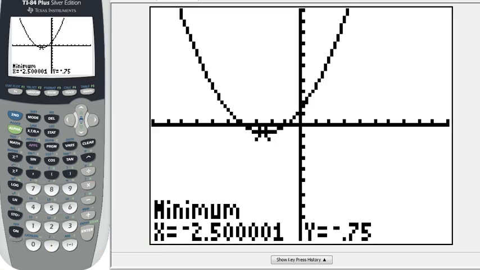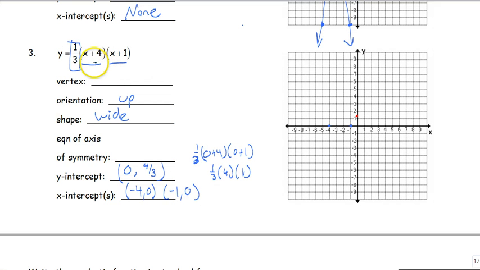So let's put those down. You know what, let's keep them in fractions actually. So -2.5 is -5/2, and -0.75 is -3/4. And then we have the equation of axis of symmetry is x equals -5/2, which is -2.5. So -2.5 and -4/3 is right around there.